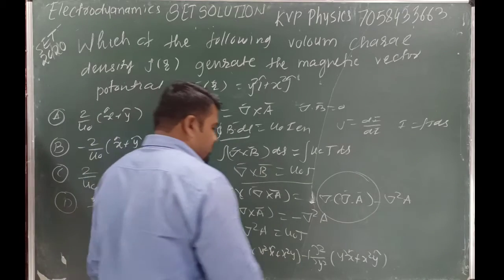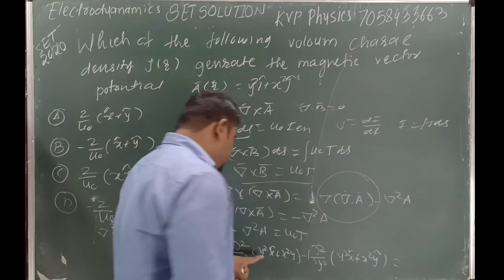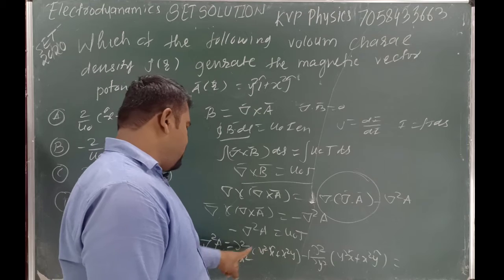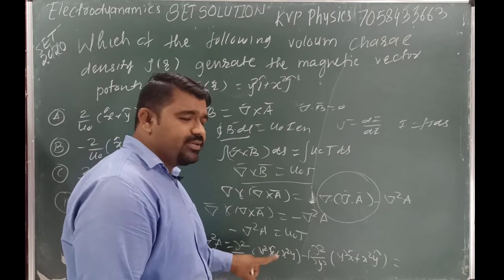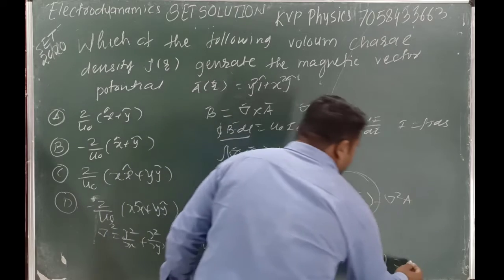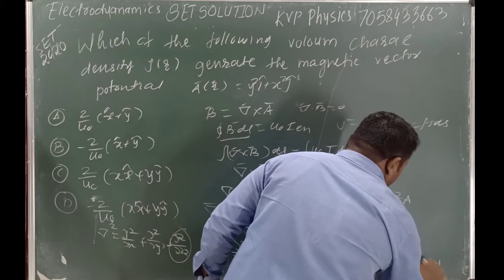We can solve this one. The first derivative with respect to y, with respect to x is 0; x with x gives 2x, and the second derivative gives 2. So we get 2x cap plus 2y cap.